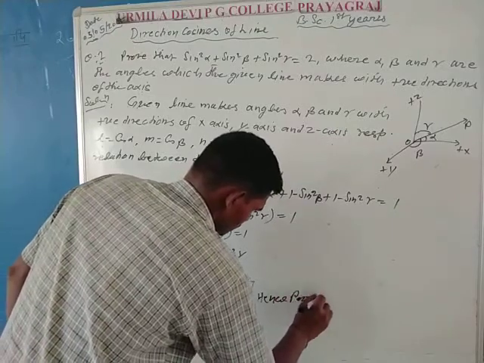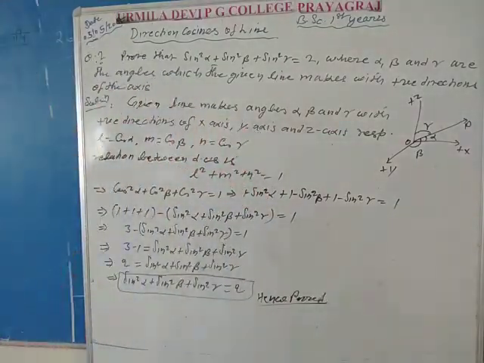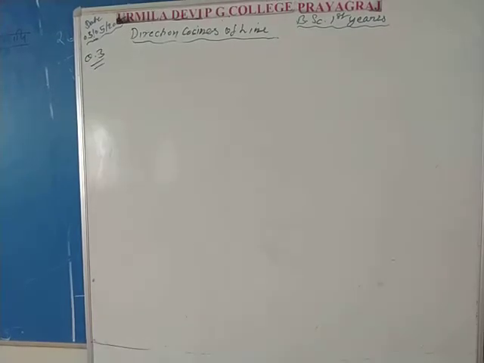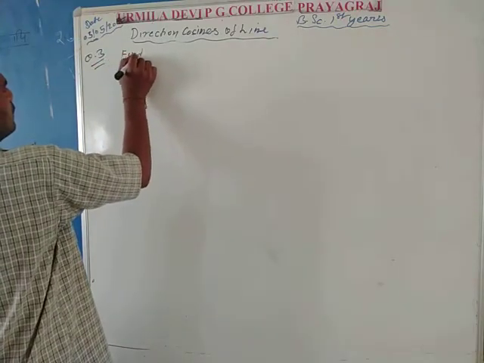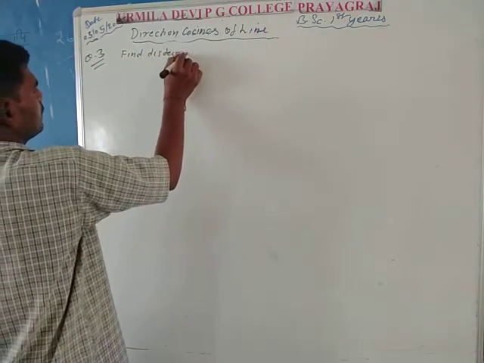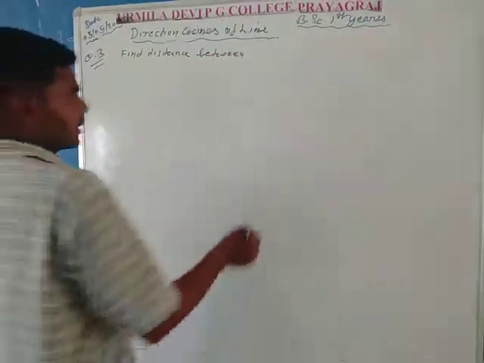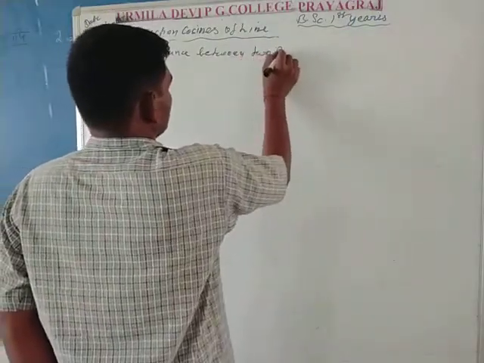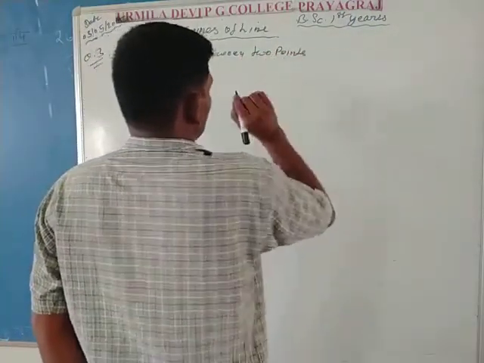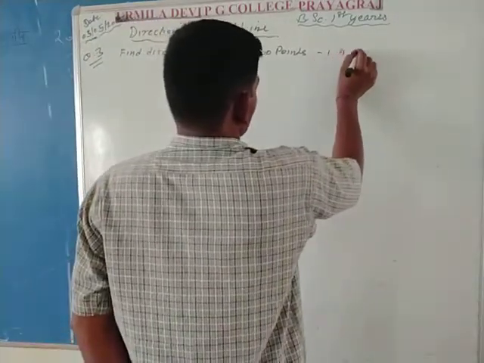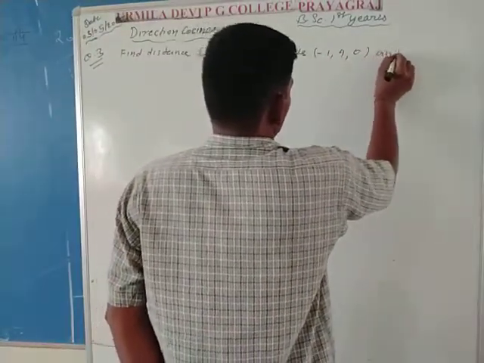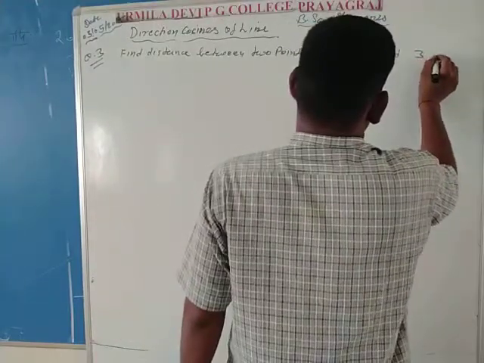Now consider the next question. Our next question is: find the distance between 2 points minus 1, 4, 0 and 3, 0, 1.